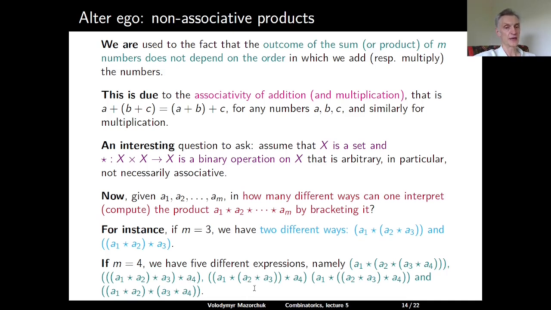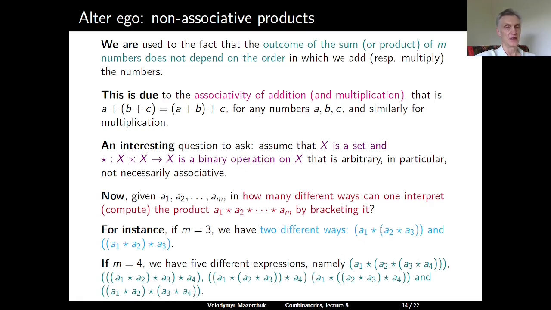Or we first multiply a2 and a3, then multiply the outcome with a1, and then with a4. Or a2, a3, then a4, then a1. Or we multiply a1 and a2, separately a3 and a4, and then multiply them together.